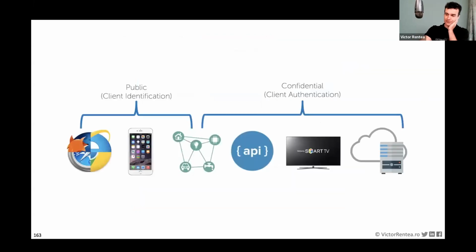Good. Now, also from the concept of OAuth, and we'll use this information in a moment, clients are split in two types. There are public clients. A public client is the one that cannot keep a secret. For example, if you put a password in the code of a JavaScript application on the internet, anyone can read it.